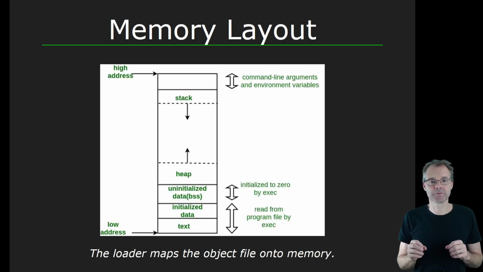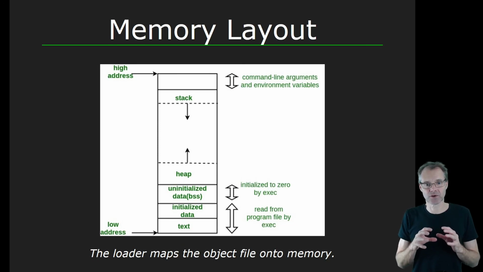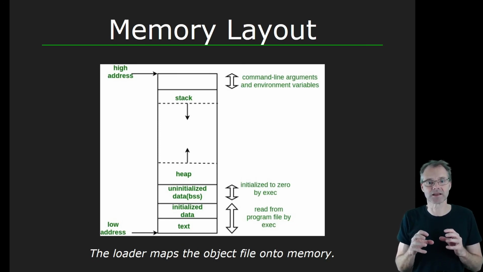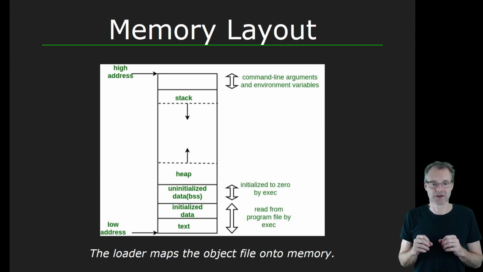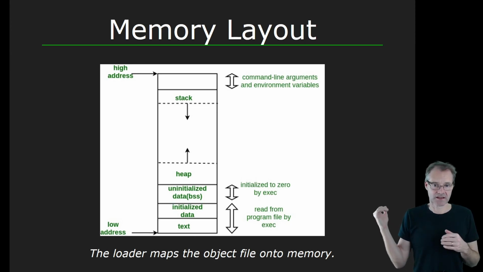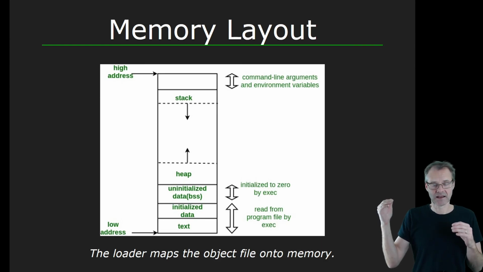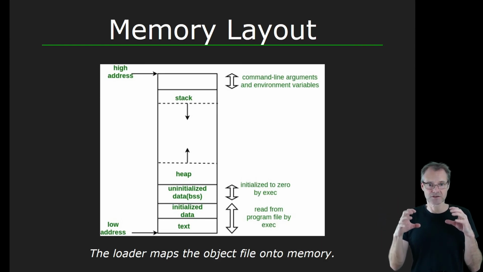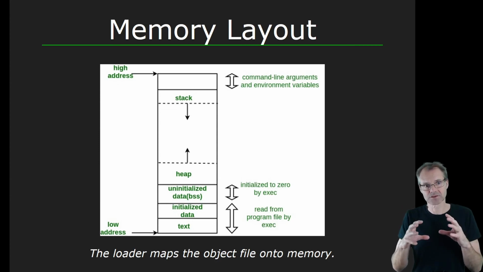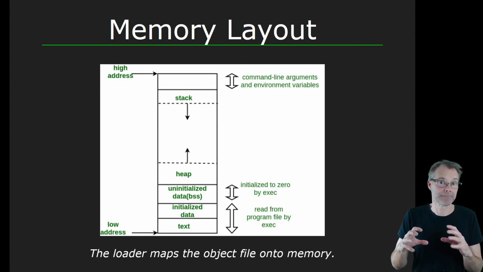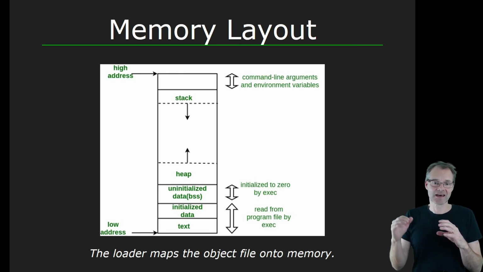Here is another image of the memory layout of the process when it's actually running in our system. At the bottom we see the text, that's our code. We see initialized data and uninitialized data; those parts come from the binary itself, and then we add a heap and a stack.